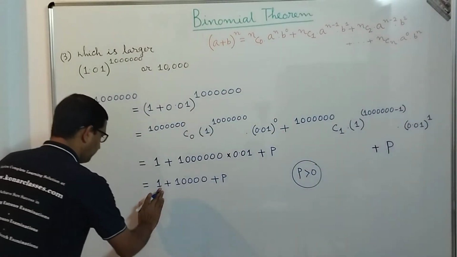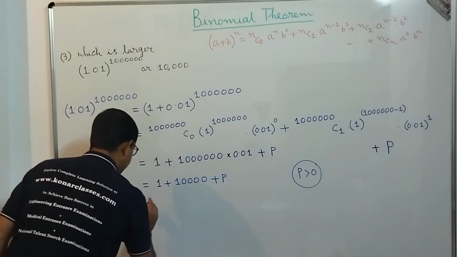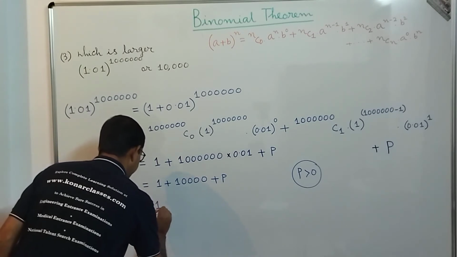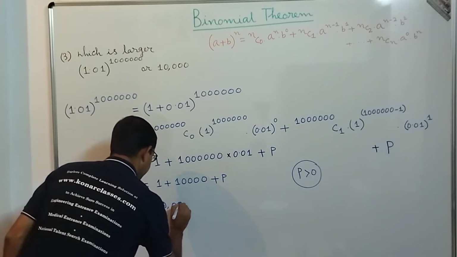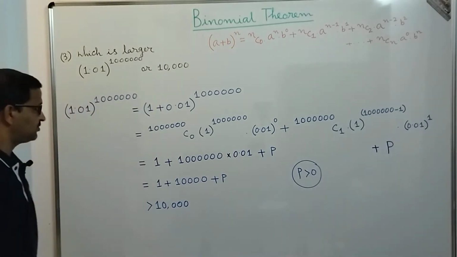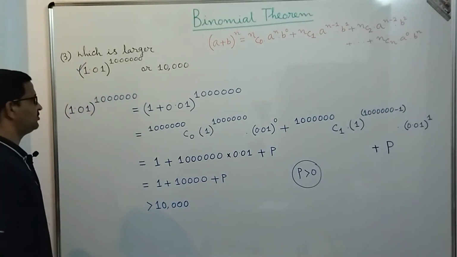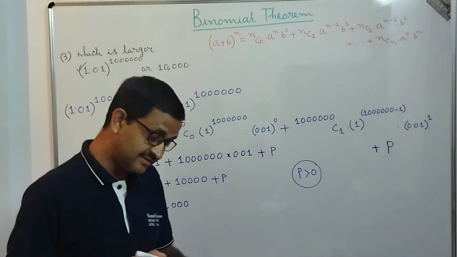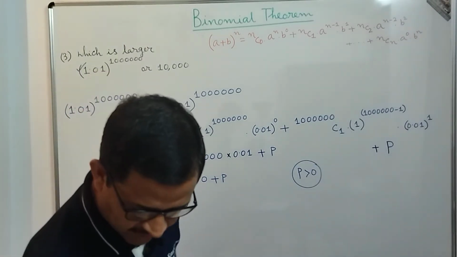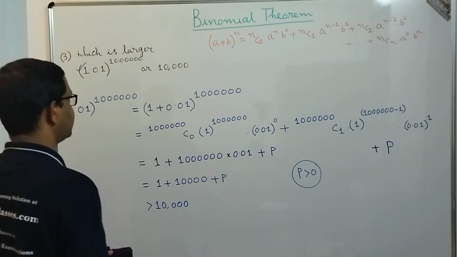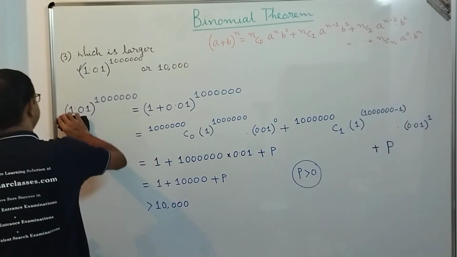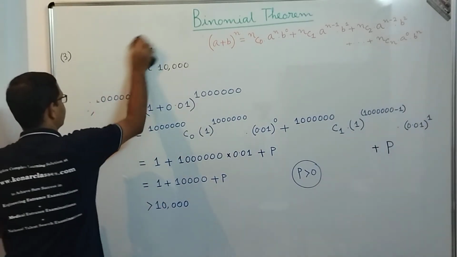So that implies what? Obviously the value of this expression is greater than 10,000. So we can say between these two, this one is larger, 1.01 power 10 lakh is larger than 10,000. I hope you got it. Now let's concentrate on the next question, question number 4.